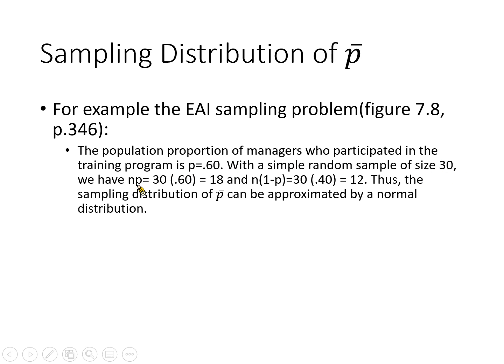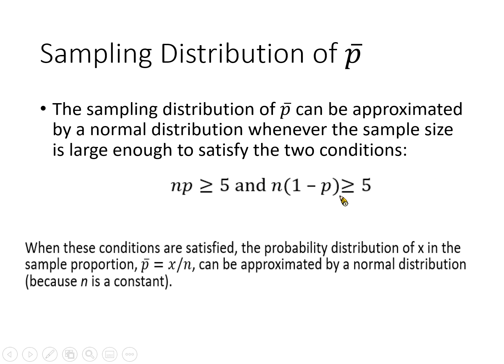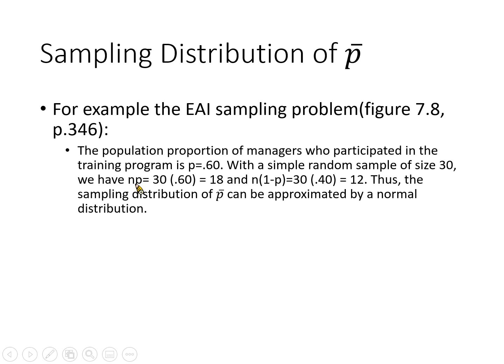Following the two conditions, n multiplied by p gives 18, and n multiplied by 1 minus p gives 12. Both conditions are greater than or equal to 5, so we can say it can be approximately viewed as a normal distribution.